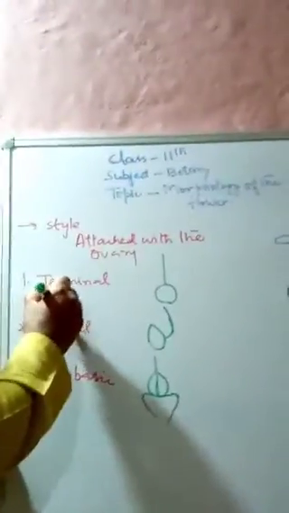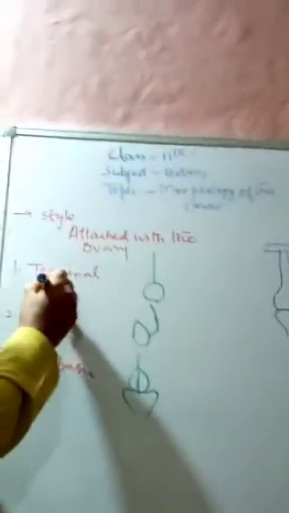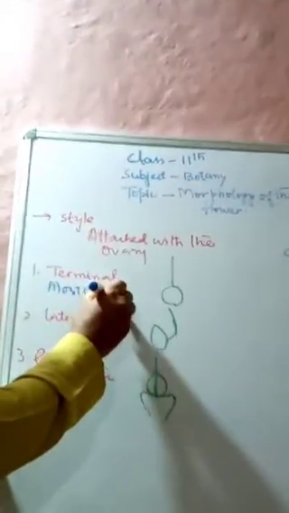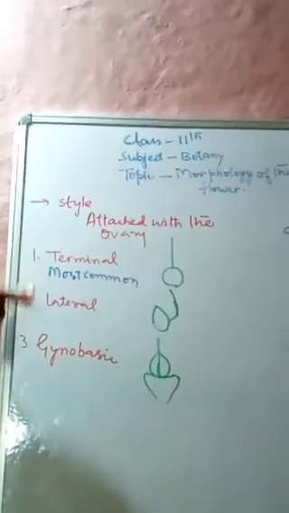So we have got three types of styles on the basis of their attachment with the ovary. One is terminal, second is lateral, third is gynobasic. Now where are these found? Terminal is the most common type, found in the majority of flowers.